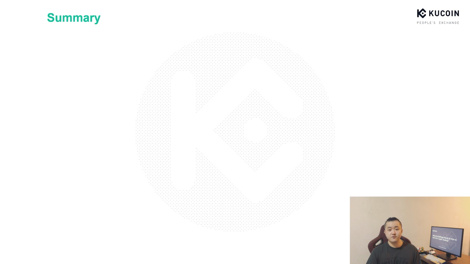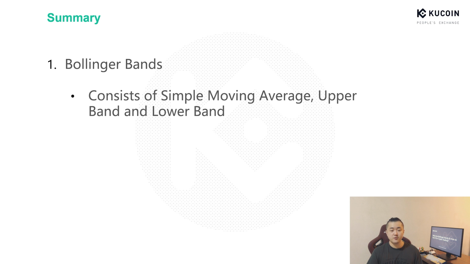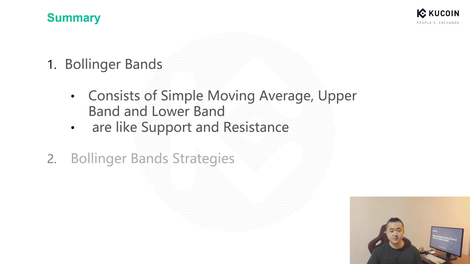Now, before we end this video, let's quickly make a recap. In today's content, we discovered three topics. First, we know Bollinger Bands have three parts: the moving average, the middle band, and a pair of indicators, the upper band and lower band. They define the volatility of prices. Then, we read this indicator with the help of the KuCoin trading interface.